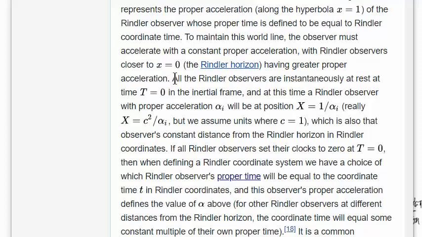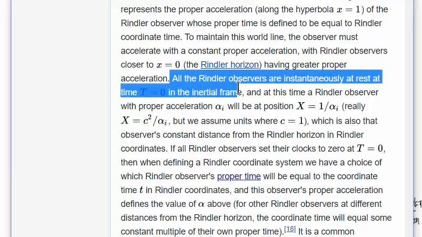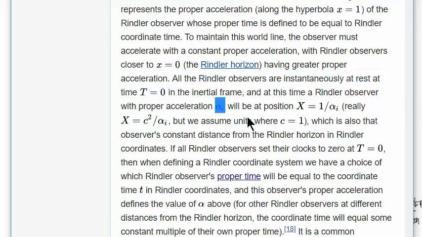All the Rindler observers are instantaneously at rest at time t equals 0 in the inertial frame. And at this time, a Rindler observer with proper acceleration alpha sub i will be at position x equals 1 over alpha sub i, really, x equals c squared over alpha sub i. Let's use that.